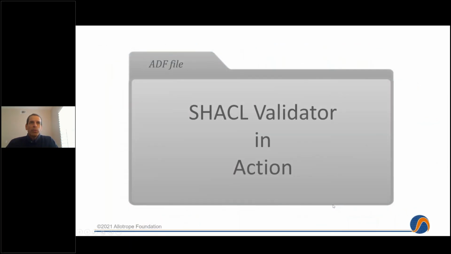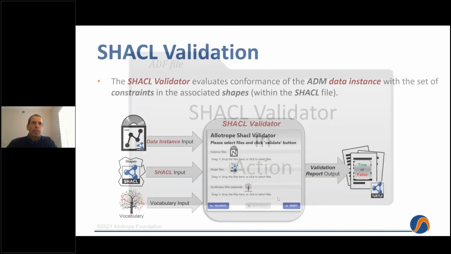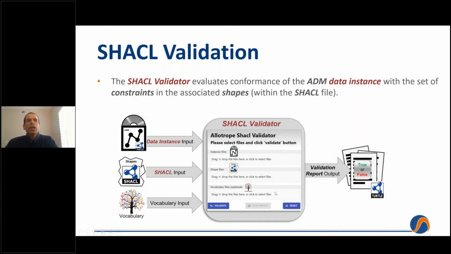So now that we are experts on the SHACL theory and on how to utilize the SHACL file and ADM, we can see our SHACL validator. The SHACL validator evaluates conformance of the ADM data instance with a set of constraints in the associated shape.